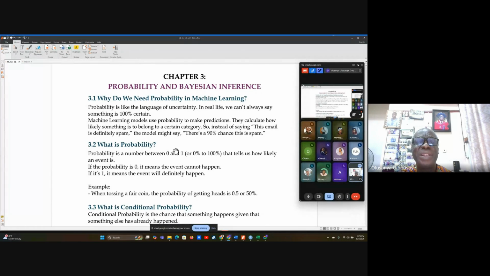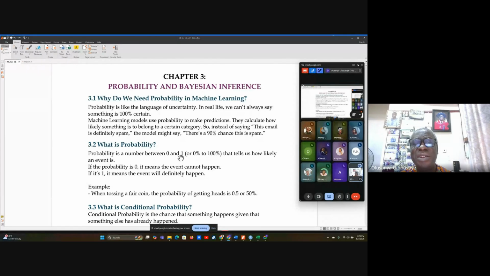So probability is a number between 0 and 1, or if you put it differently, between 0% and 100%. If the value is close to 0, it means the event is not likely to occur.